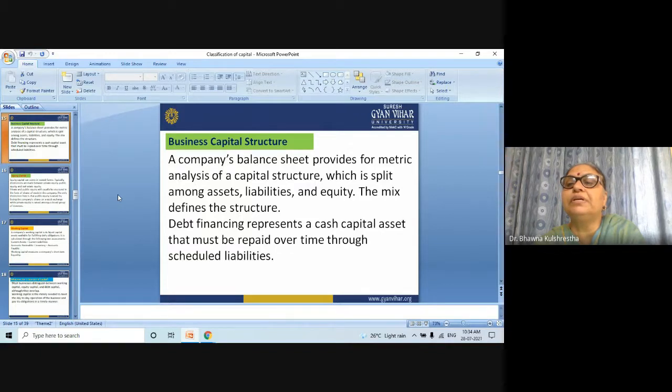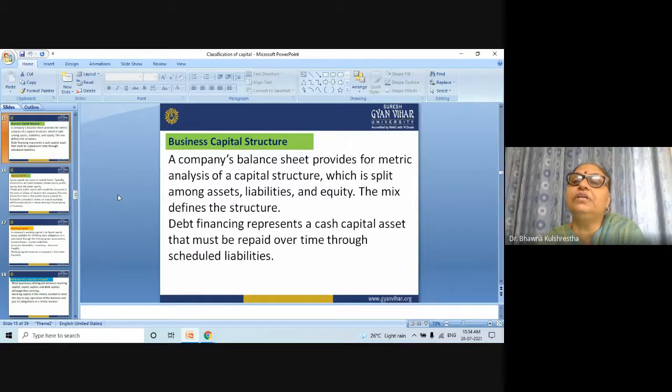Debt capital typically comes with lower rates of return and strict provisions for repayment.